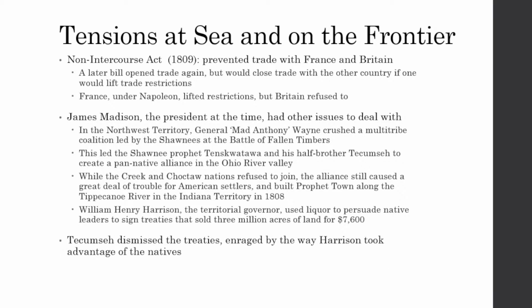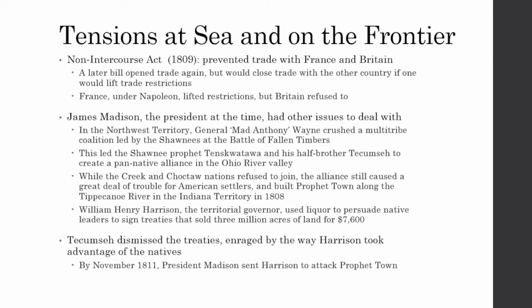Needless to say, Tecumseh didn't like this, and was enraged at the way Harrison took advantage of the natives, because this was, again, a very common thing where these territorial governors would bring in native leaders, get them drunk, and then have them sign whatever papers they want them to sign. And again, when you're so drunk you can barely sit up, you don't know what you're signing.